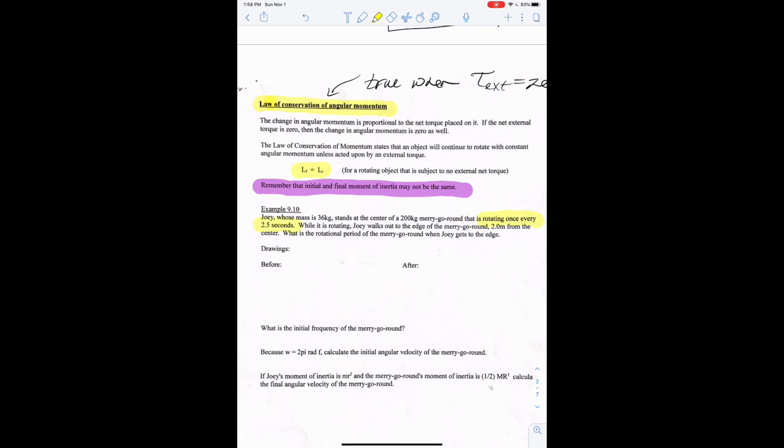All right, and this is when they tell us that it's making one revolution every 2.5 seconds, or one cycle every 2.5 seconds, they're giving us a frequency right here. So I want to point that out.